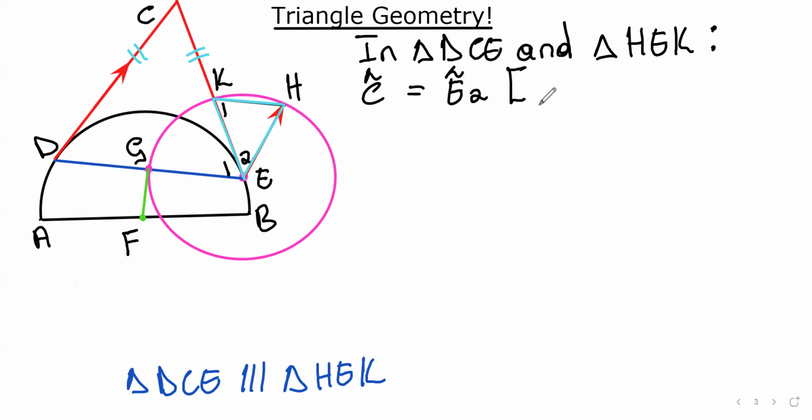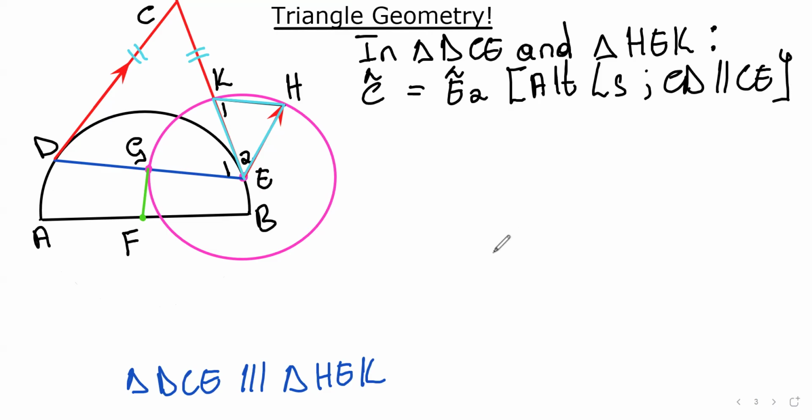And the reason why they are equal to each other, that's because they are alternate. And the reason why they are alternate, that's because CD is parallel to CE. Okay, we made the first connection. That's fine. Now, how do we make the second one? The second connection is really going to be difficult. Why? Well, that's because if CD is equal to CE, then it stands to reason that angle D is equal to angle E1.